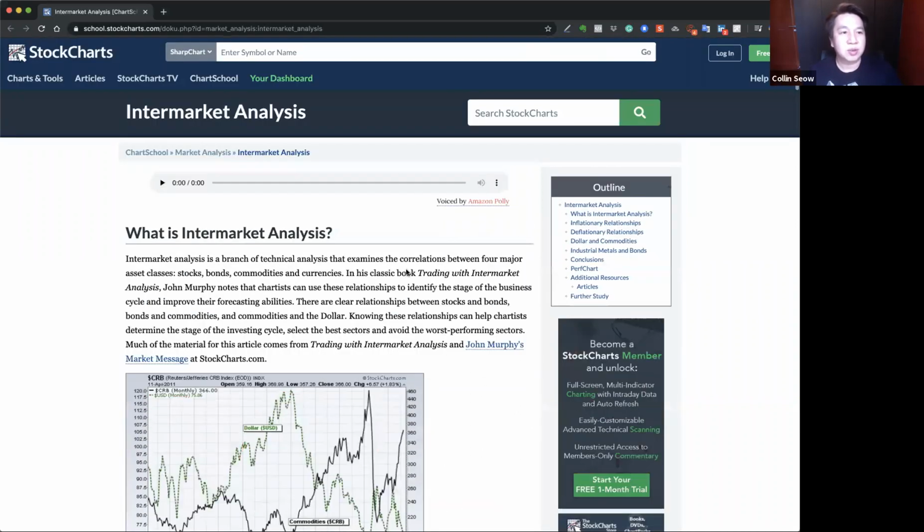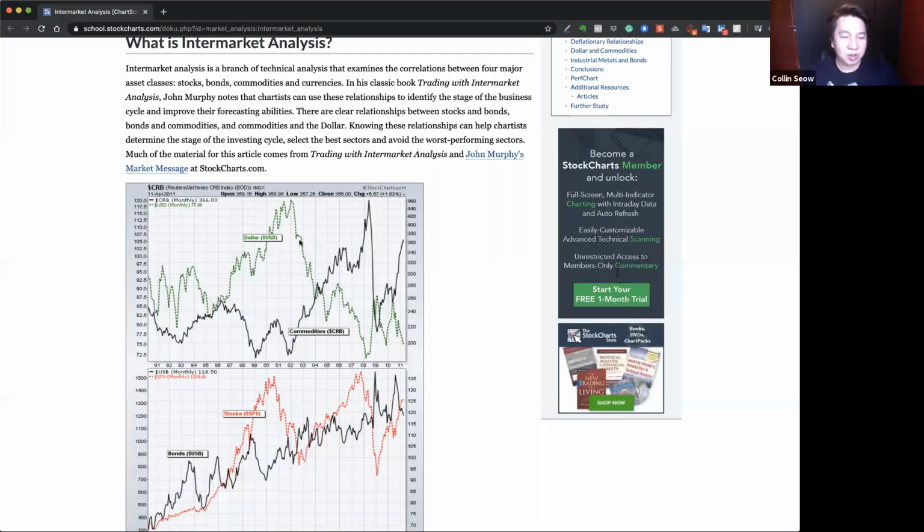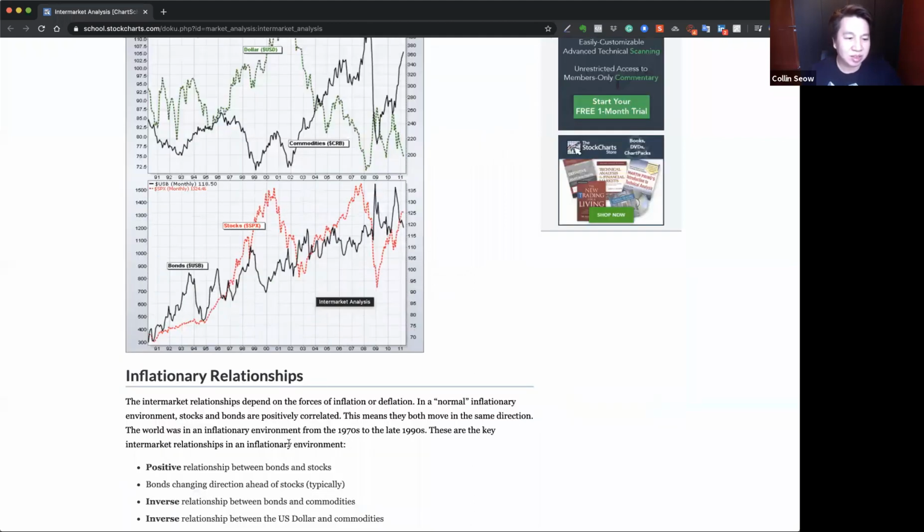It's quite an interesting topic, talking about how the dollar and commodities have an inverse relation, bonds and stocks have a positive relation, and bonds and commodities have an inverse relationship. Maybe in the future, I'll cover this again.